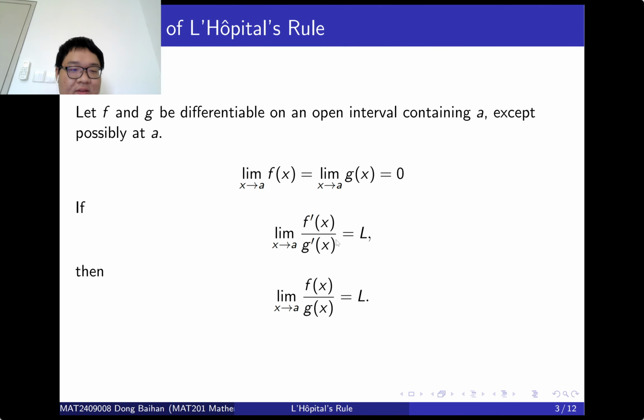If the limit of the ratio of their derivatives exists, then the limit of their original quotient also exists, and they have the same value. So this is equal to this, both are L.